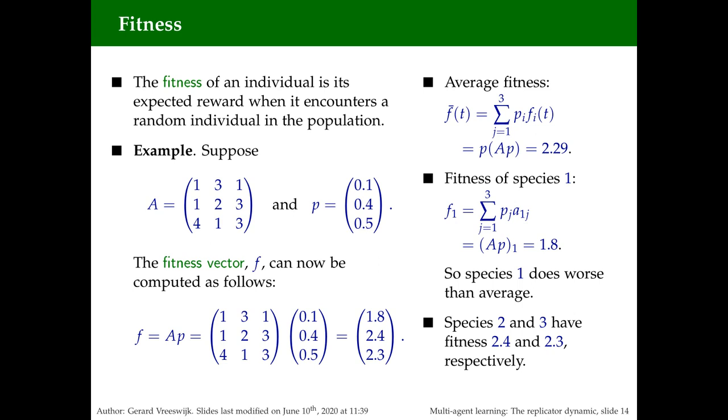And species 2 and 3 have fitness 2.4 and 2.3 respectively. So it is expected that those two species will grow. And species 2 will grow a bit faster than species 3.